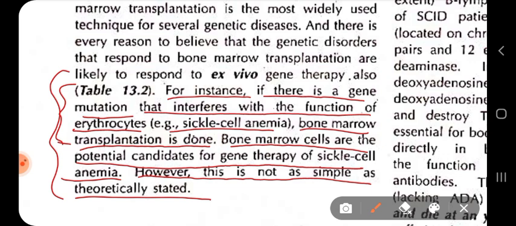I have mentioned only one parameter; many other factors have to be regulated and taken care of while doing bone marrow gene therapy. So it's not as easy as we are seeing here.